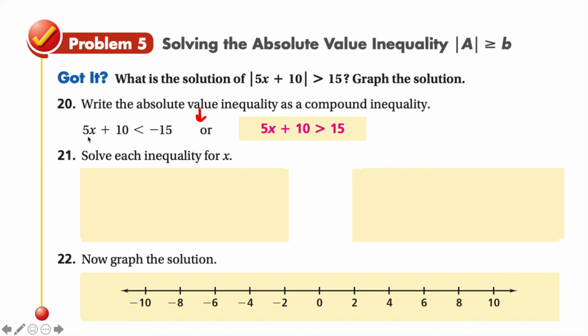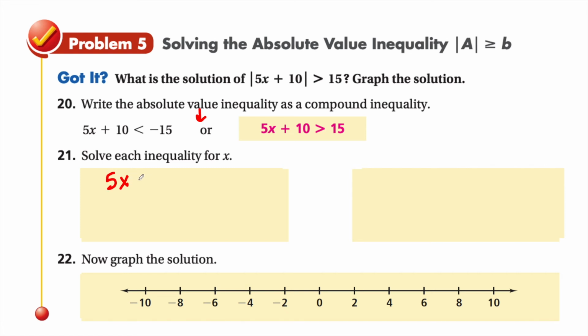So again, 5x plus 10, or everything that's inside the absolute value, has to be less than the negative counterpart, so the 15 became a negative 15, or the 5x plus 10, which is everything inside the absolute value, has to be greater than 15, which is basically the original inequality minus the absolute value signs that we see. You solve it for x the same exact way, though.